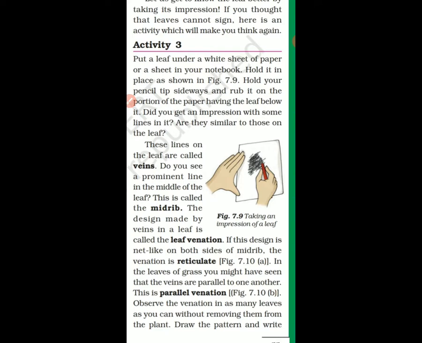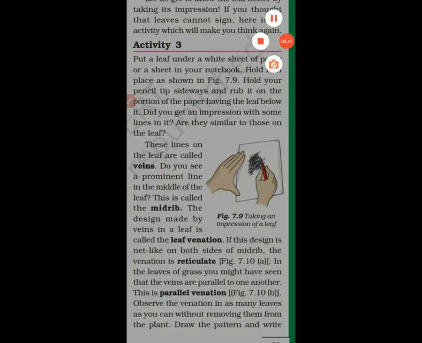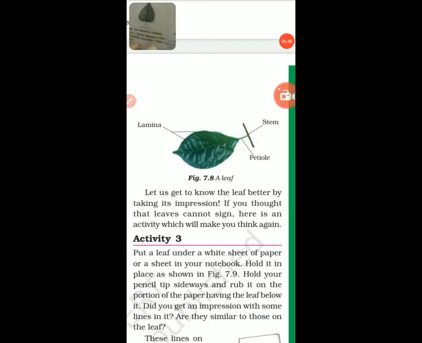I will show you properly. Here you can see a net-like structure on both the sides of the midrib. It is called a reticulate venation. What is it called? A reticulate venation.